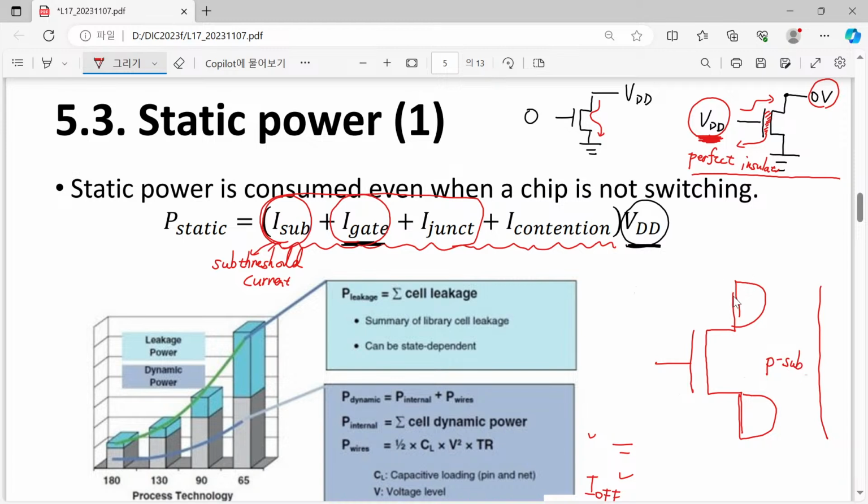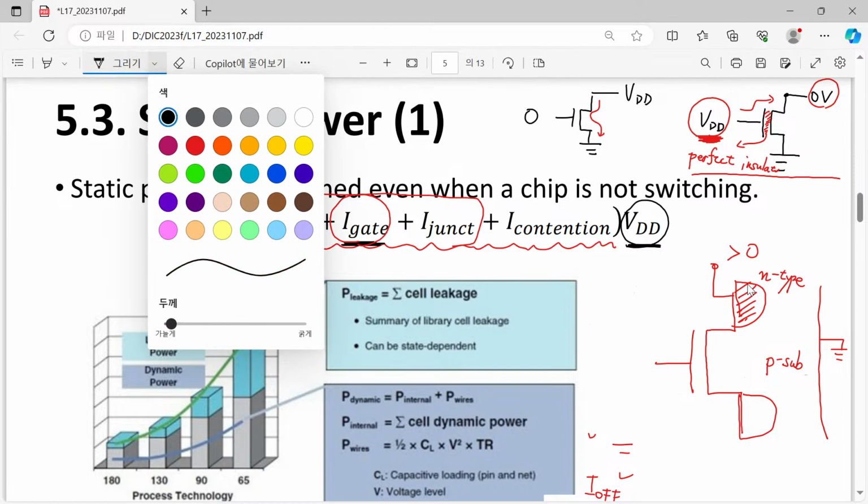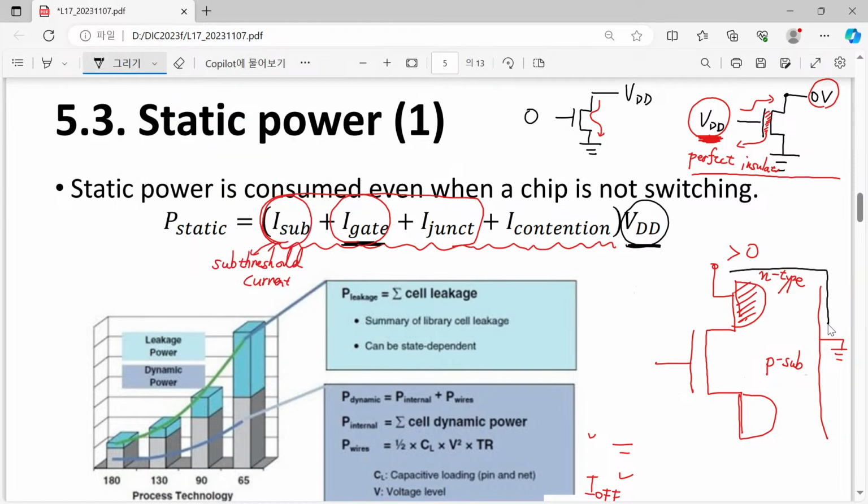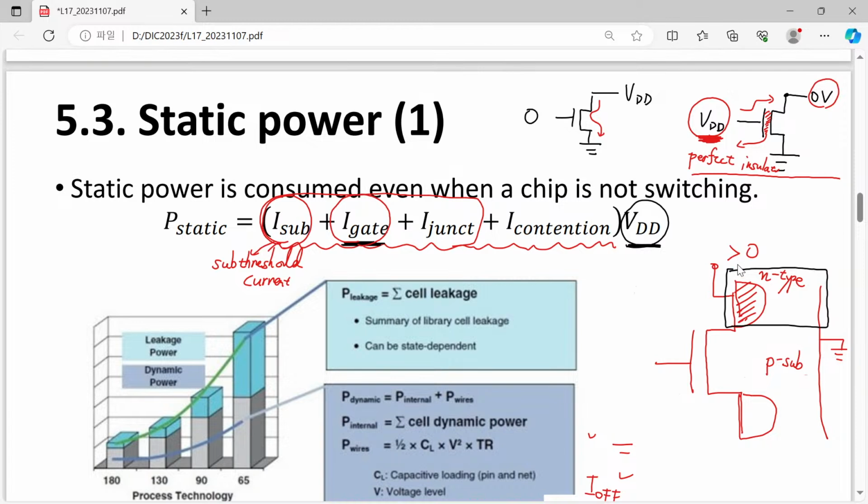Usually what we do is apply a certain positive bias to our drain, and the substrate is grounded. So p-type is grounded and n-type is positively biased. In this case, our PN junction located here is reverse biased. When we have a reverse biased PN junction, we can have a small amount of current conduction. That is considered here as the junction current.